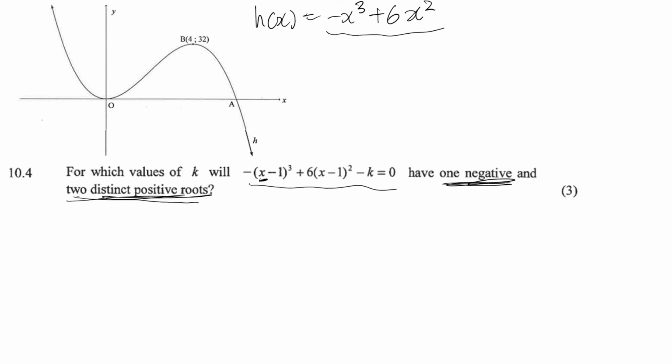They subtracted 1 where there is x, meaning that they've shifted the graph of h of x by 1 unit to the right. So we can sketch a new graph that is shifted by 1 unit to the right.